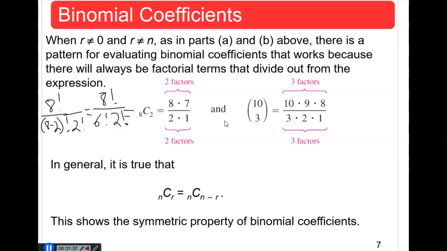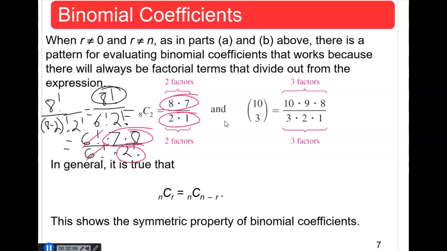Remember that the long way to reduce this is, instead of writing 8 factorial, to write 6 factorial times 7 times 8, over 6 factorial times 2 factorial. That will give us 7 times 8, or 8 times 7, such as we have there, and instead of 2 factorial, it's 2 times 1.